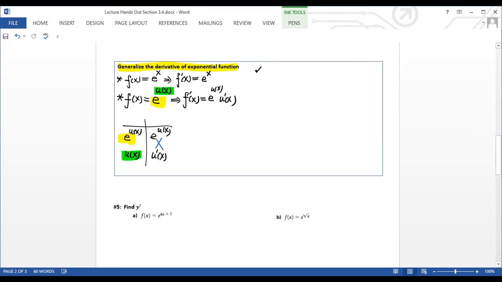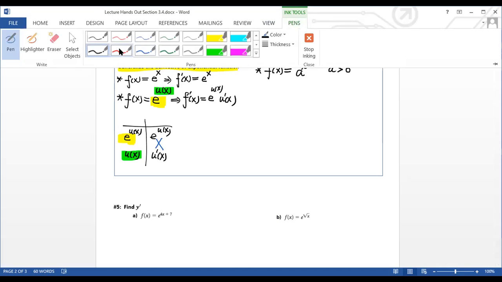Now what if f of x is a to the x, where a is any constant? Of course, a has to be greater than zero.